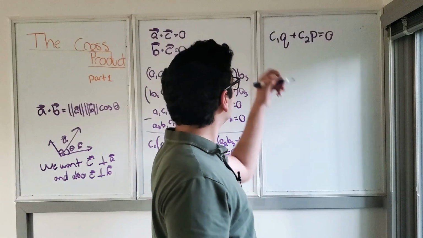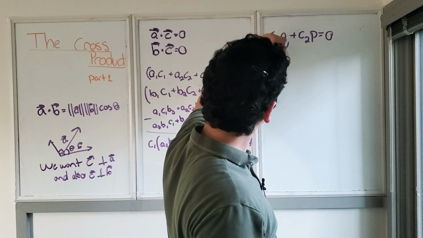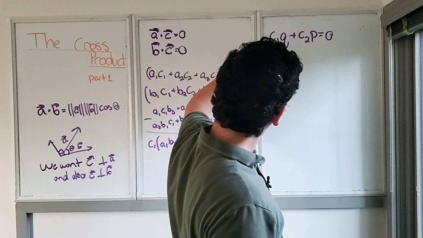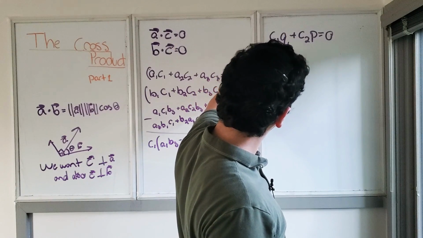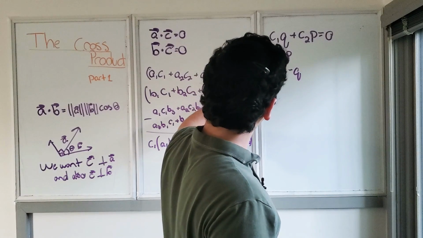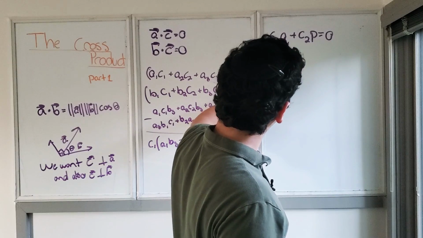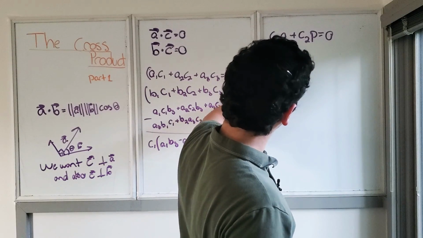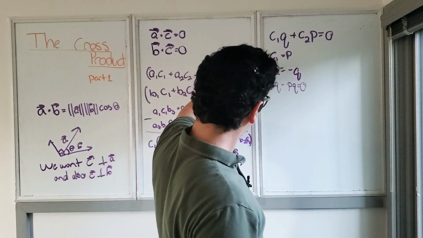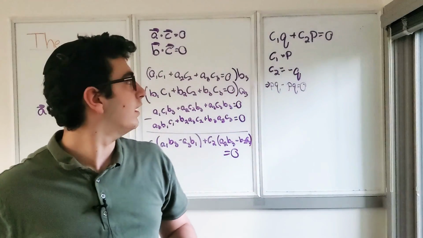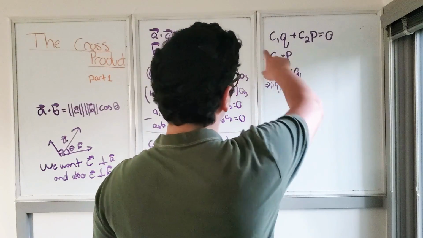Well, the most obvious solution would be where we say C1 equals P and C2 equals negative Q. That way you're going to end up with PQ minus PQ, which obviously equals 0. And so we're just going to plug in those values now.